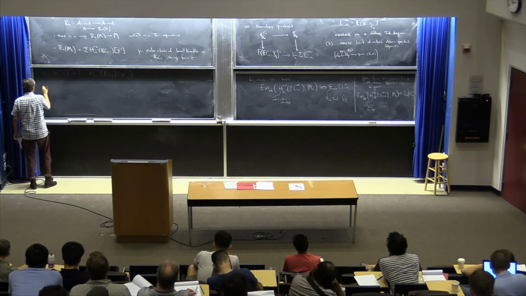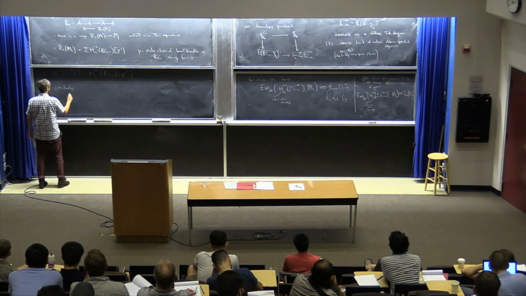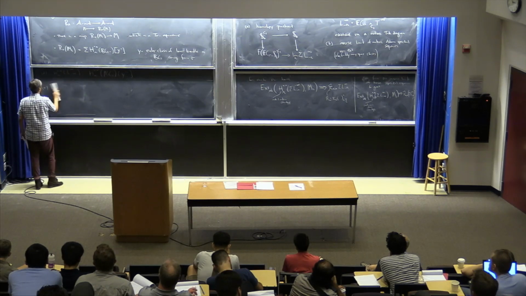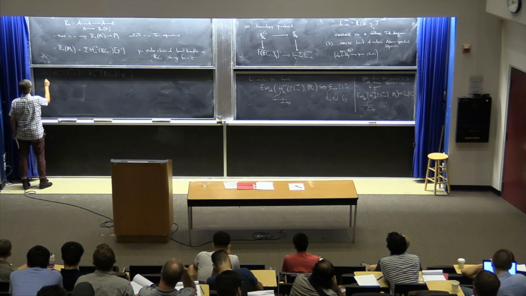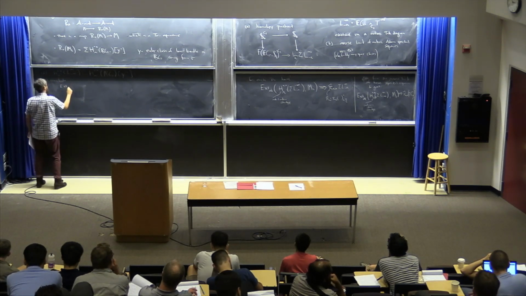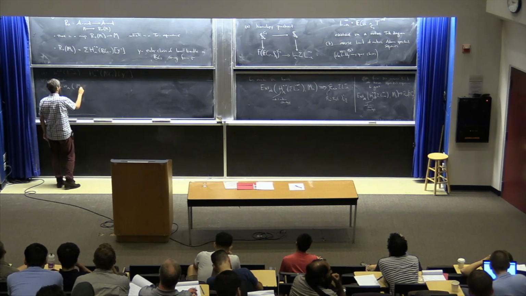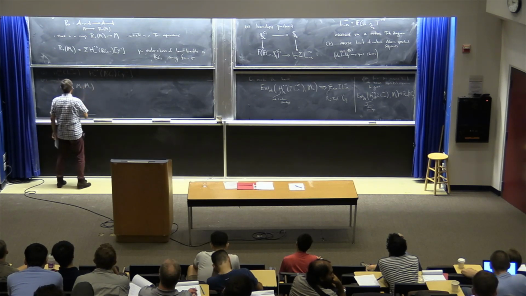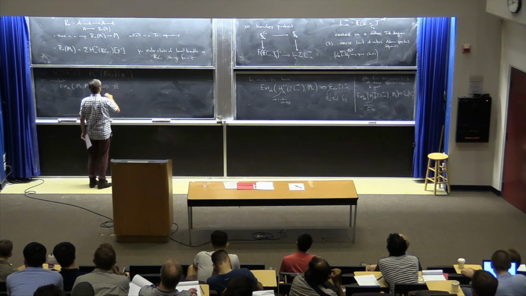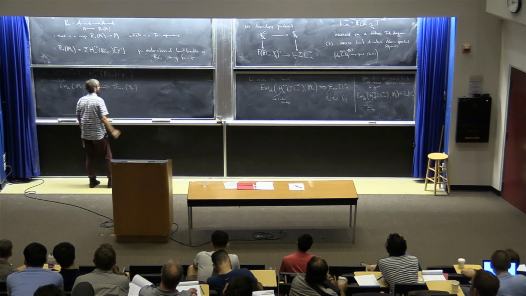And good, so now we conclude. Excellent, I left myself just not enough room. So we start off with the motivic Atiyah spectral sequence for the homotopy groups of the sphere.